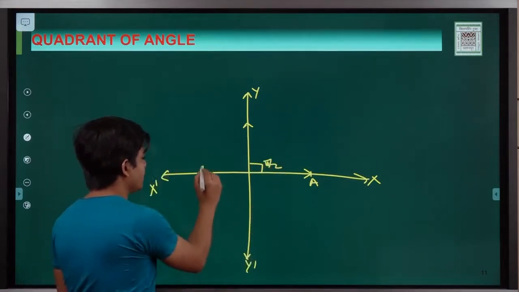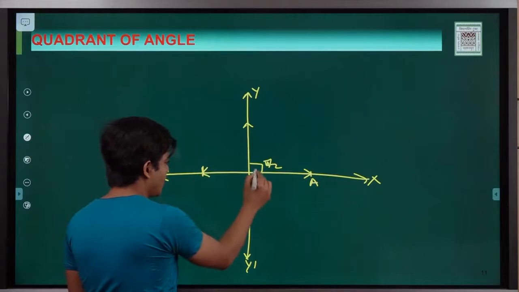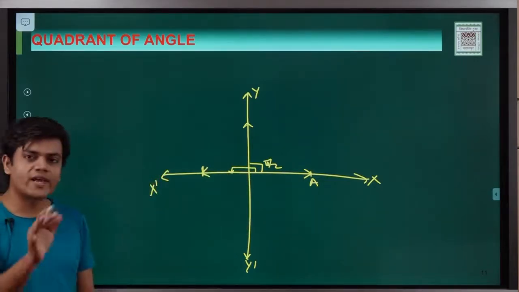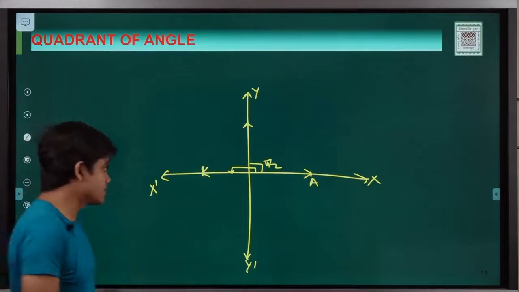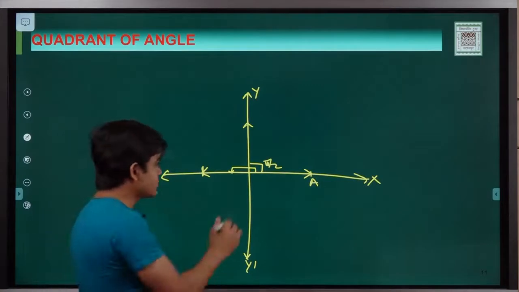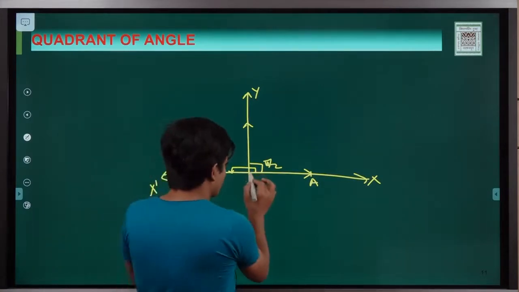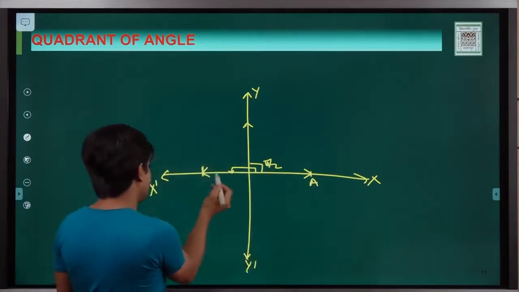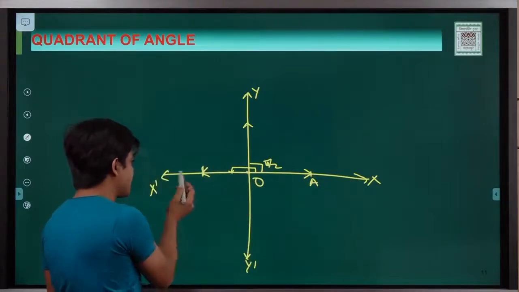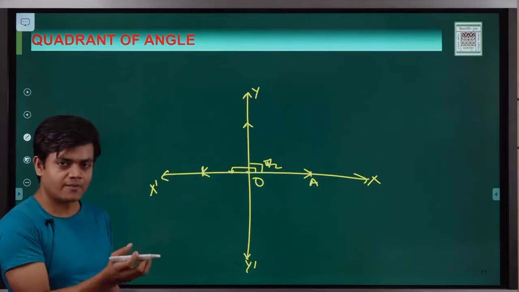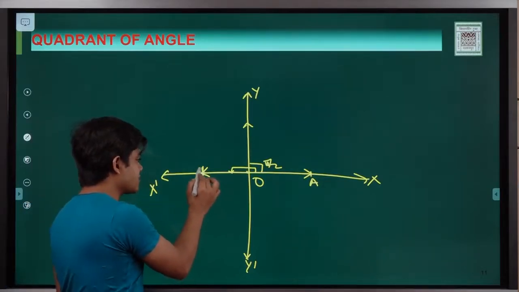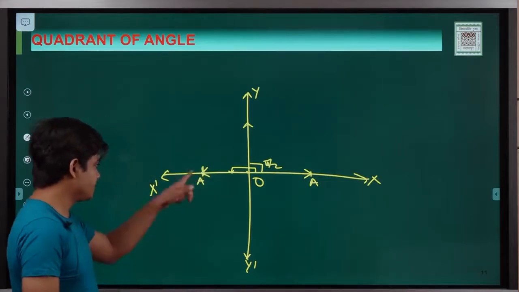If you reach over here, then what angle is going to be made? Remember, always when we talk about a standard angle, meaning the angle with the positive direction of the x-axis, this is your initial side and the final side is this. OX is your initial side, OX dash is the final side, the terminal side, and the point is lying over this OX dash, at this terminal side.